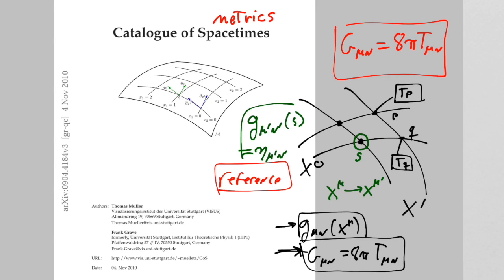That means I can always make the metric Lorentzian at any given point in spacetime. That is assured by the Einstein equivalence principle. That is a statement of the Einstein equivalence principle.